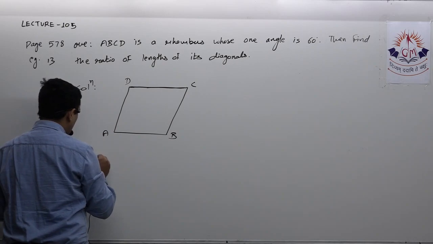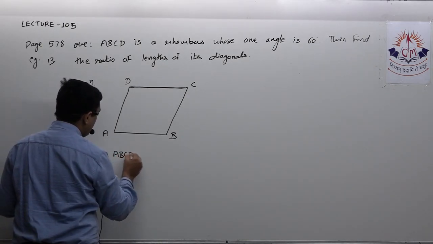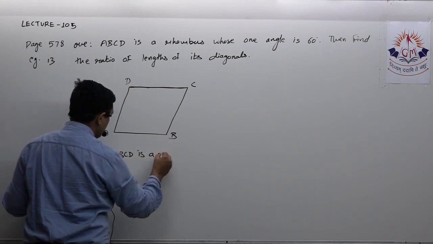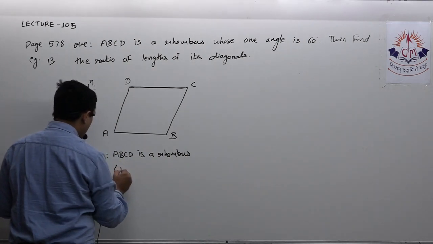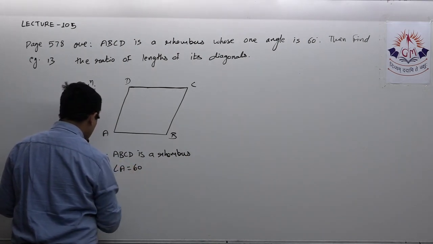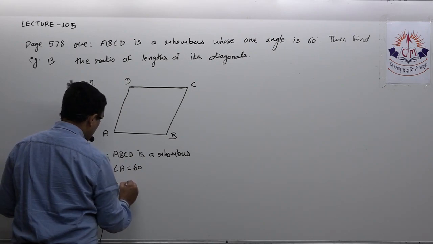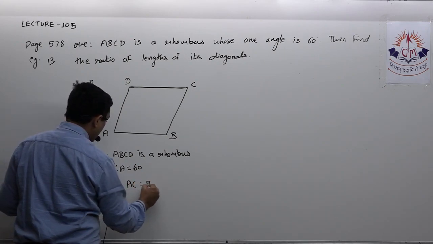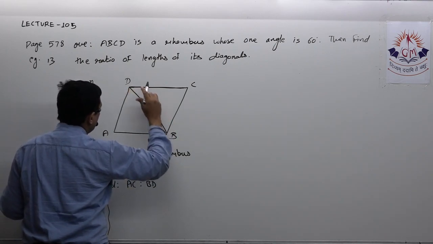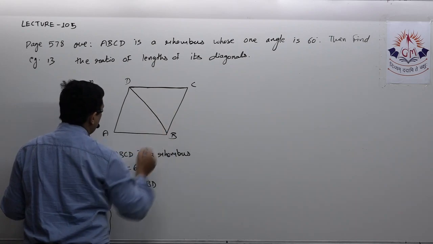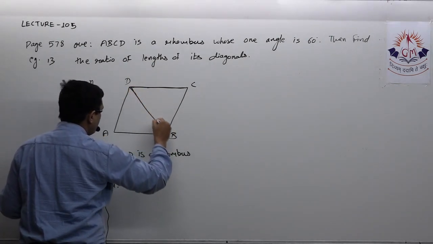Given: ABCD is a rhombus, angle A is equal to 60 degrees. To find AC is to BD or BD is to AC, because it is given find the ratio. So let us see how to proceed.